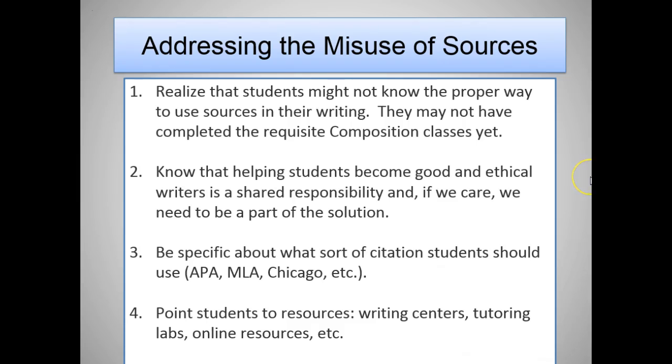So how do we address the misuse of sources? Number one, realize that students might not know how to cite. They may not have actually completed the requisite composition classes yet. At Front Range, we're trying to do better at this. We're trying to make sure that students who are coming in as developmental writers are taking CCR and progressing into their college level writing classes as fast as possible.